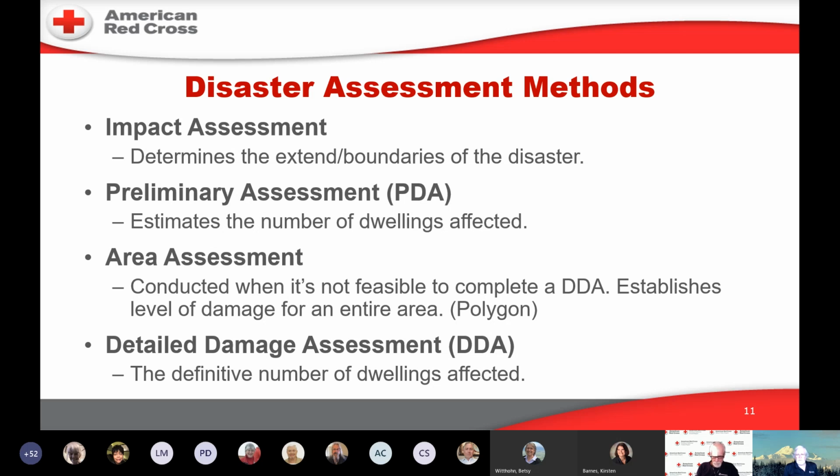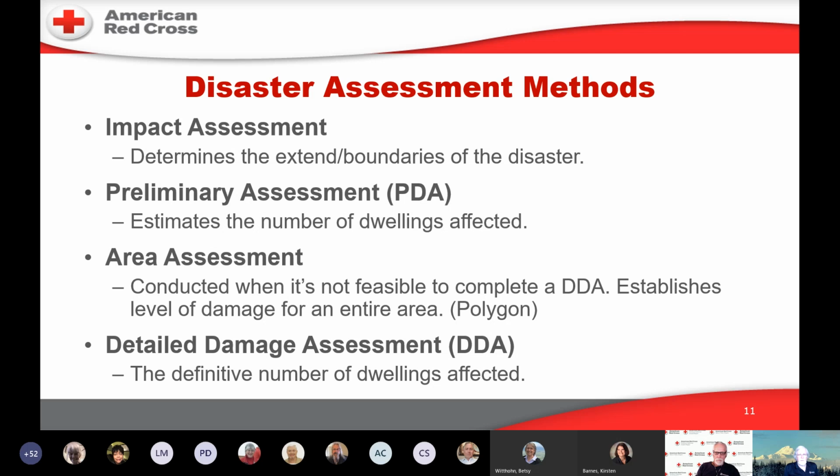Area assessment is something that is probably not going to occur until we're close to doing a fairly good job of getting a count on how many actually are affected and homes are affected. And then we get to use that wonderful thing called the polygon that says we don't have to go doing a lot of detail on anything within the bounds of that area.